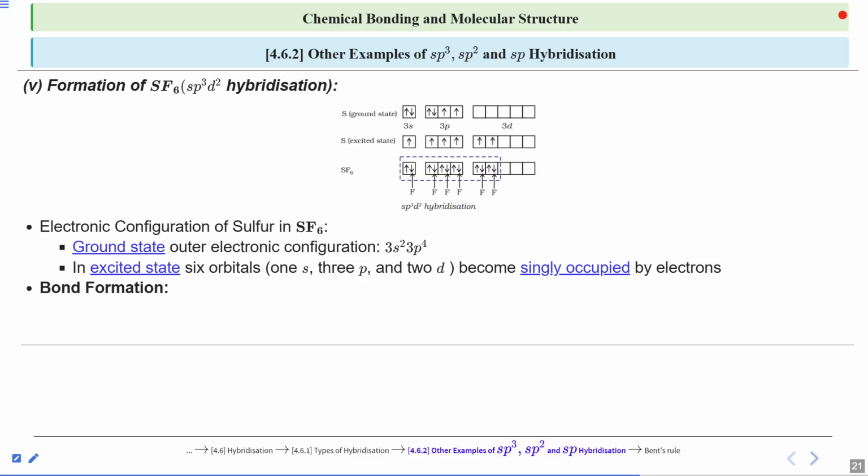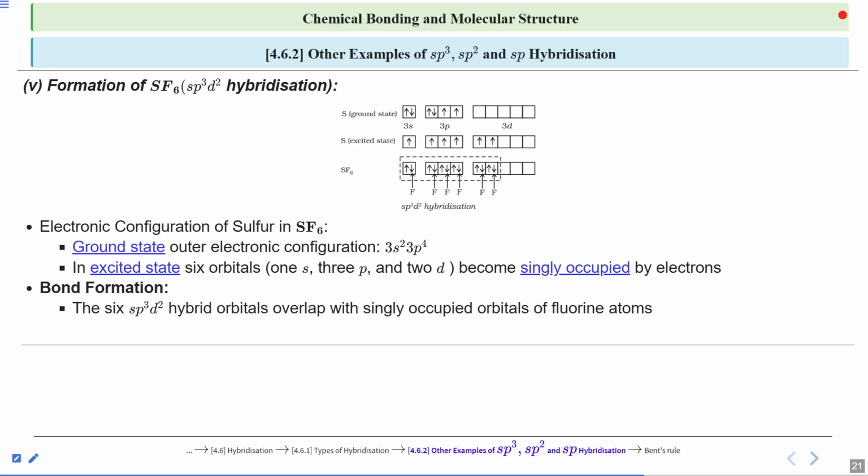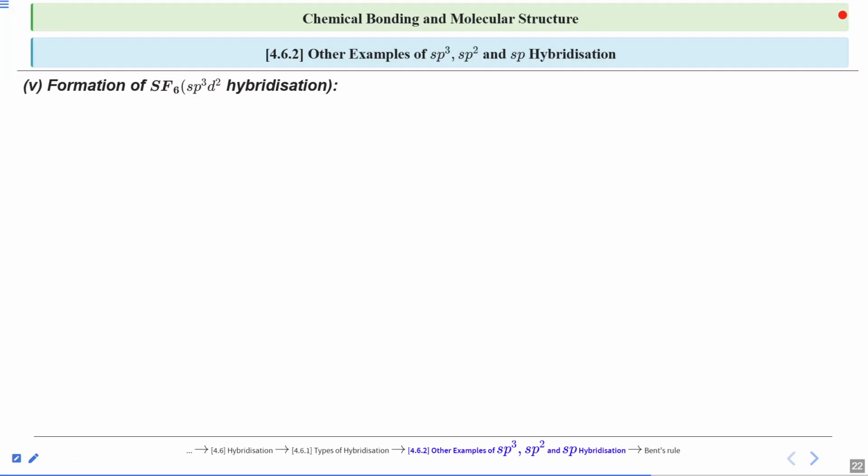After that, your fluorine atom is overlapping with the sulfur atom, and in this process, each of those electrons is getting paired up to form 6 equivalent sigma bonds. Now the question is, what will be the shape and the hybridization?